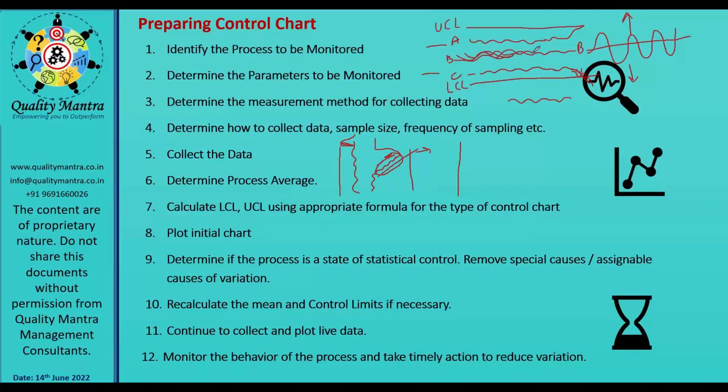If your process runs in the center and with the minimum variation, your CPK is high, which means the chances of going out of control limit are less, the chances of making a non-conforming product, a bad product, are less. Okay, the chances of an accident are less.